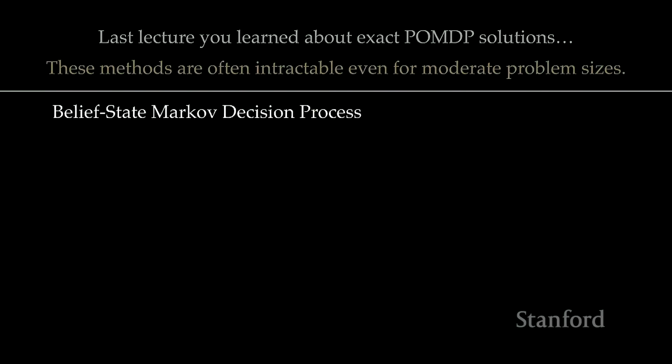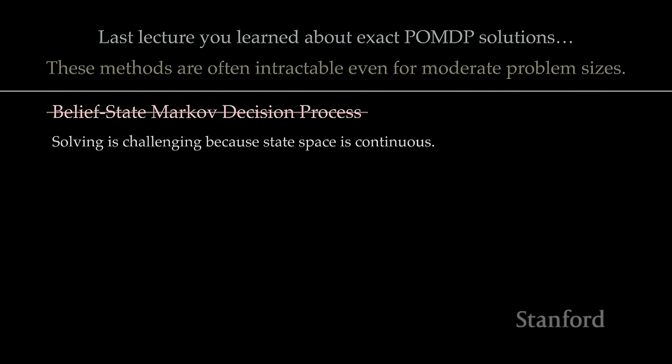One was the belief state Markov decision process, where we have beliefs instead of knowing our actual state, so we make the state of our Markov decision process the belief. But the big problem there is that the belief space is continuous, so the state space is continuous, and when we have a continuous state space, it's pretty hard to solve anything exactly.